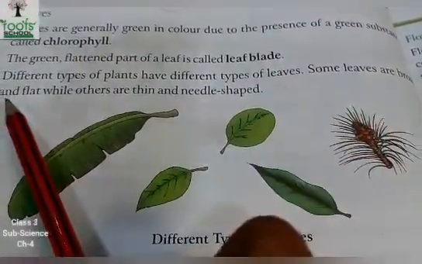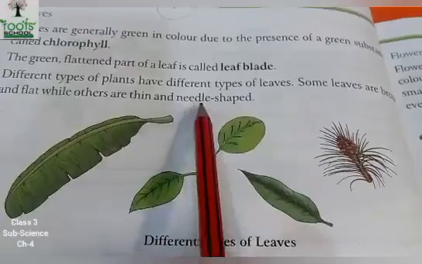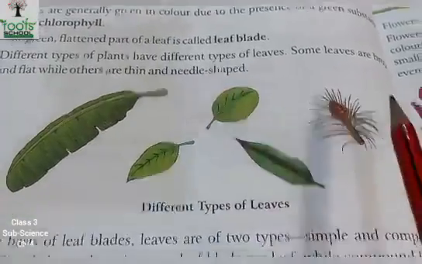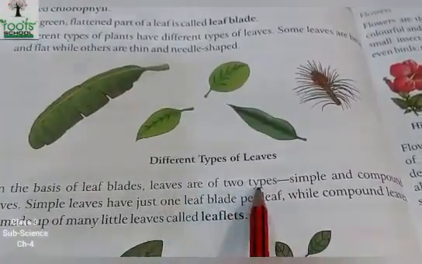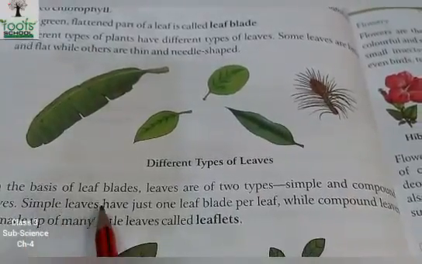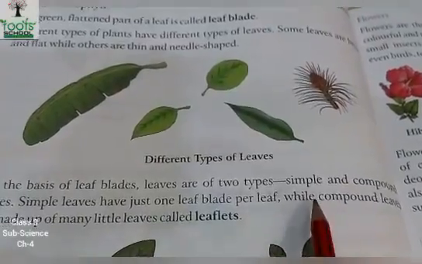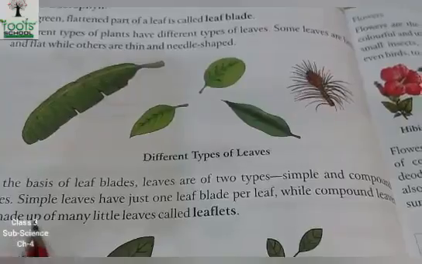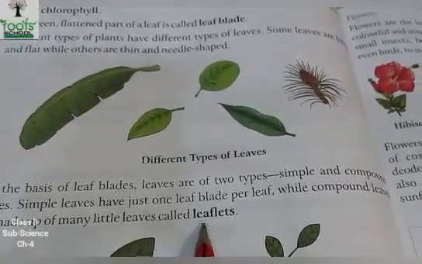Some leaves are broad and flat while others are thin and needle shaped. On the basis of leaf blade, leaves are of two types, simple and compound leaves. Simple leaves have just one leaf blade per leaf, while compound leaves are made up of many little leaves called leaflets.